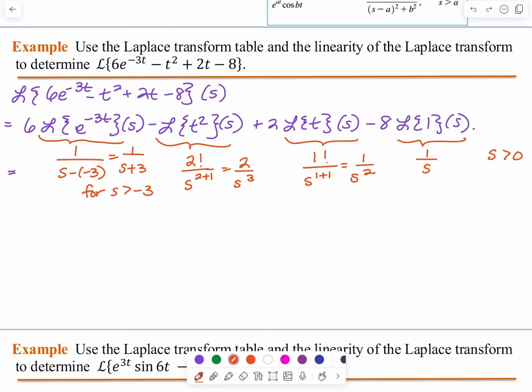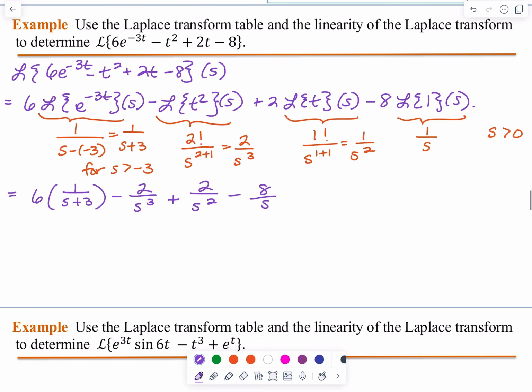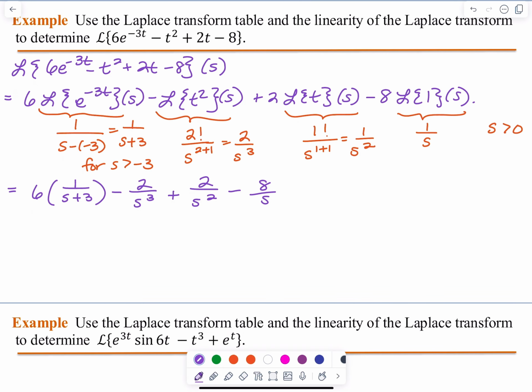Okay, so now using those, it was nice just to have those under there. We can put these together and we can say that that's equal to 6 multiplied by 1 over s plus 3 minus 2 over s cubed plus 2 over s squared minus 8 over s. And I could just put this 6 over the s plus 3 here, and then just keep these others just like this.